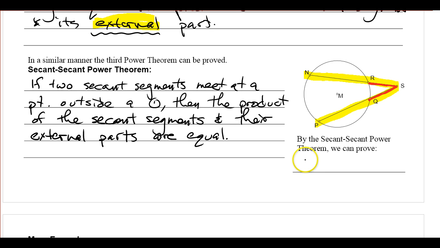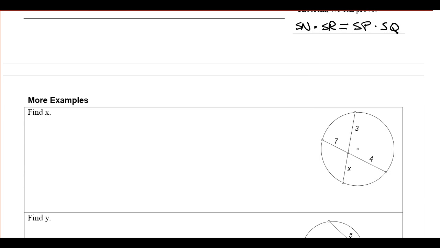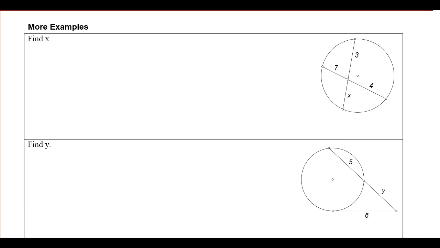So this power theorem would say that Sn, which is the top secant segment, times Sr, which is its external part, so the product of those, would be equal to Sp times Sq. And again, when you use it in a proof, just write secant power theorem. So let's give a go at some example problems using these.